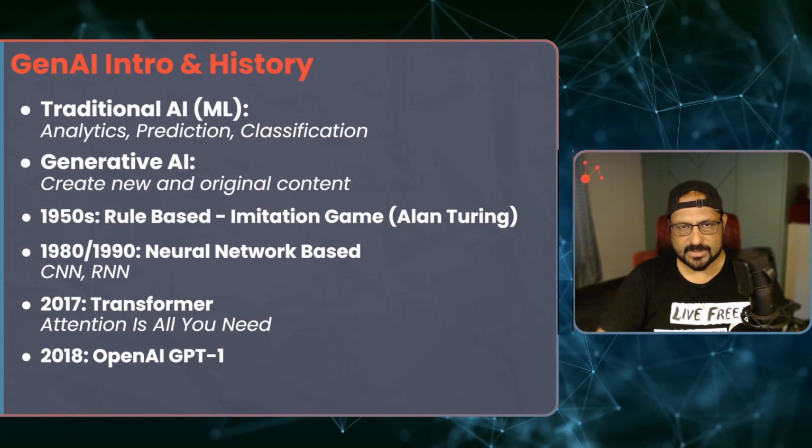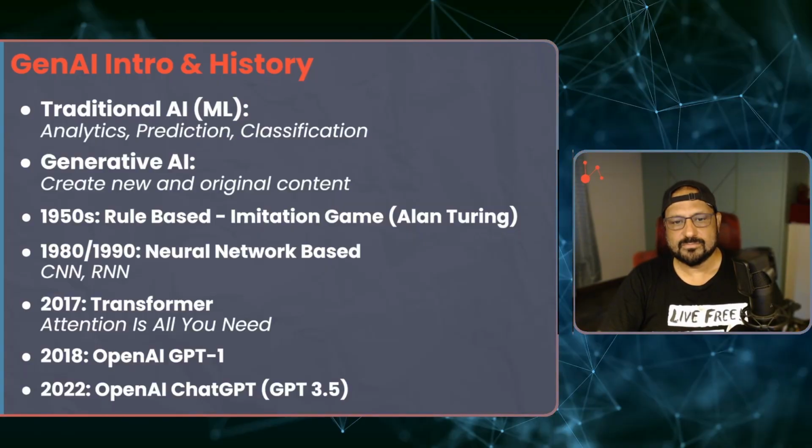Based on this, in 2018, OpenAI, which everybody knows, created a model called GPT-1. GPT stands for Generative Pre-trained Transformer. So based on this paper, they created the very first large language model, GPT-1.